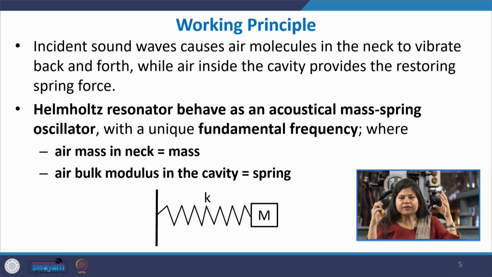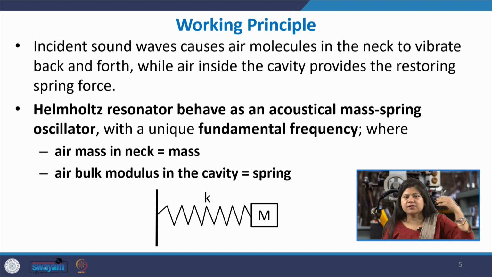So when the sound waves hit the neck, they vibrate the air molecules in the neck, and as the vibrations or fluctuations of the air particles reach through the neck into the cavity, these vibrations tend to compress the air molecules within the cavity and expand them. So the vibrations essentially try to compress and expand the air molecules within the confined cavity, but because the air is confined, it has no way to get around.